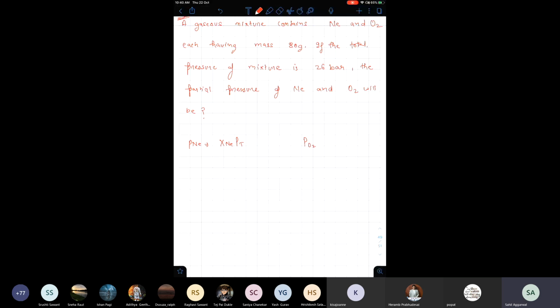Partial pressure of oxygen will be mole fraction of oxygen into total pressure. Moles will be given mass upon molar mass.